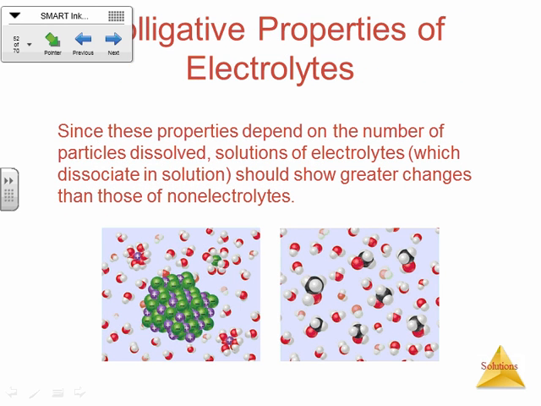Okay, so we have one more colligative property that we're going to talk about here, but before we do that, there's another little thing that they like to throw at you on the AP exam. Colligative properties do not depend on what the solute is. All that matters is how much of the solute is dissolved in the solvent, okay?